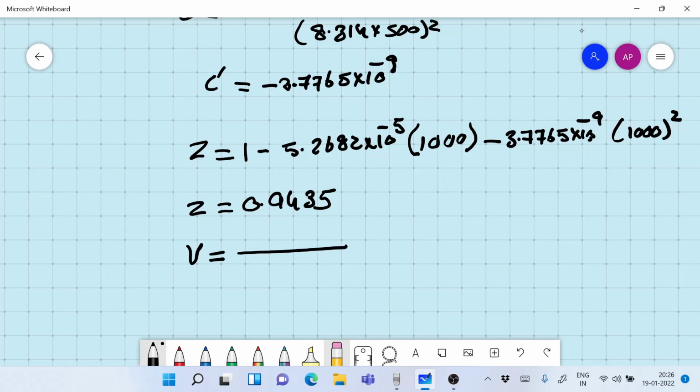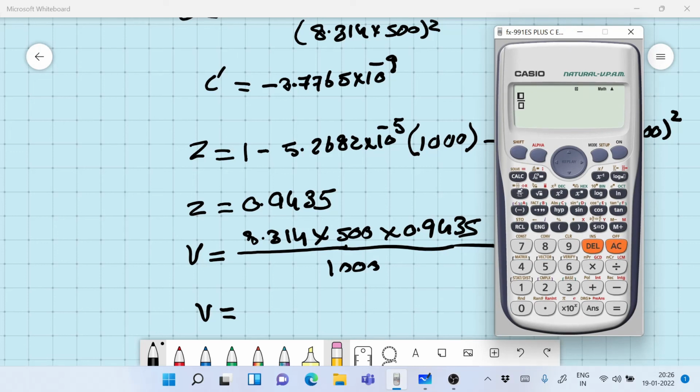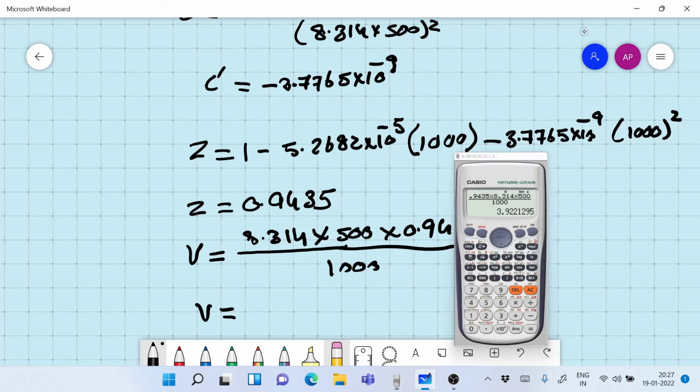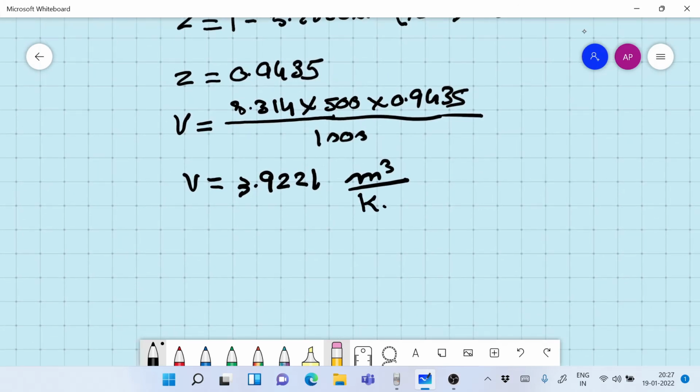And let's calculate the value of volume. The volume is going to be nothing but 8.314 into 500 into the value of Z, that is 0.9435, divided by 1000. So that's 3.9221 meter cube per kmol.